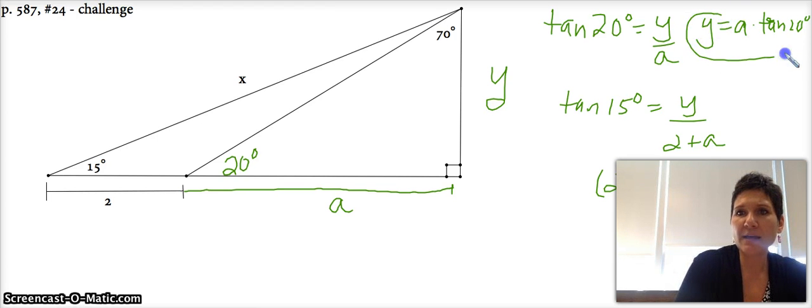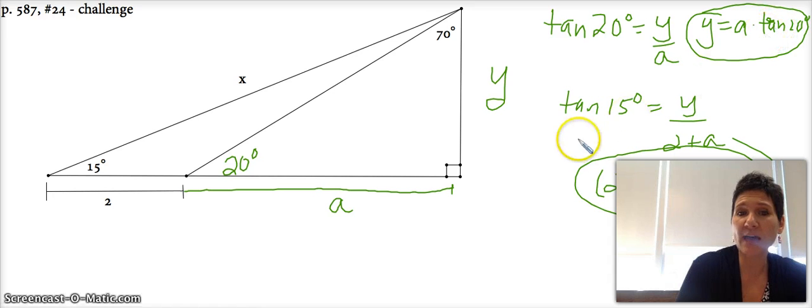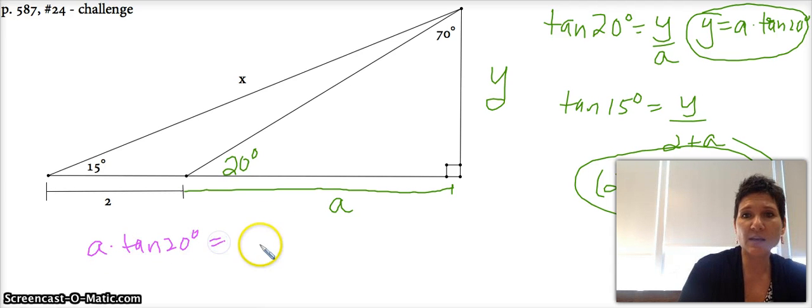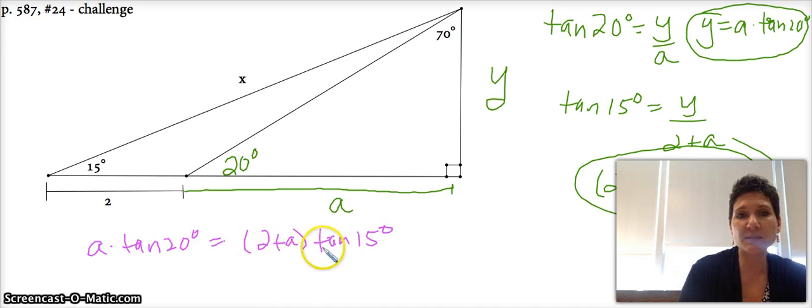So if y equals that and y equals that, doesn't it make that equal to that? And the answer is yes, it does. So now I can say a times the tangent of 20 degrees is equal to 2 plus a times the tangent of 15 degrees. And this becomes an equation. This is a simple one because now I have an equation with just a in it.